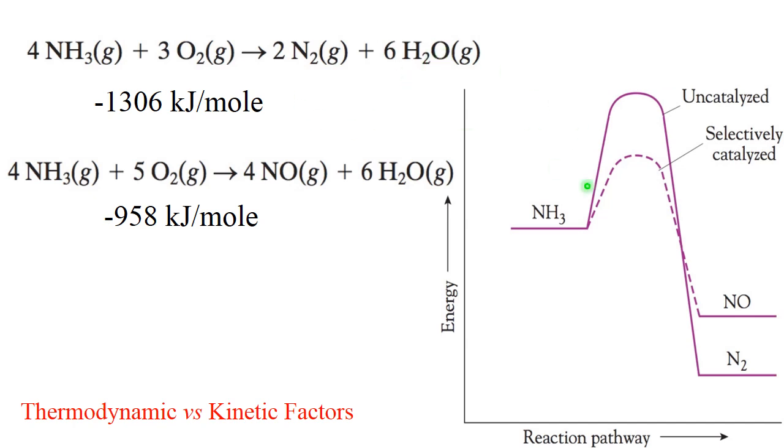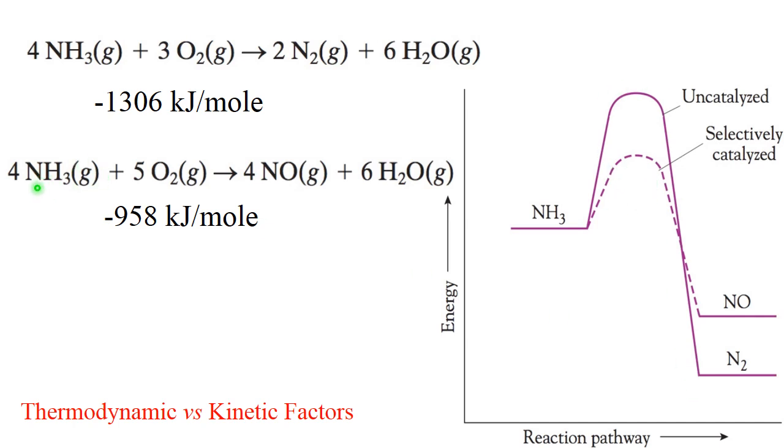Now, the fact that the product is more energetically favorable does not mean that the reaction goes this way. So, for example, if you burn ammonia in oxygen, it is more favorable to make nitrogen N2 and water. Why? Because nitrogen is triple bonded with very high energy.